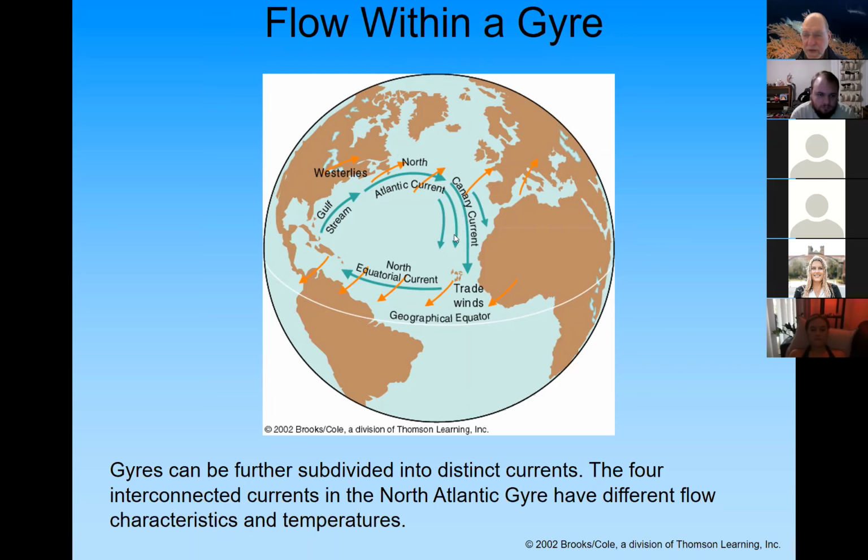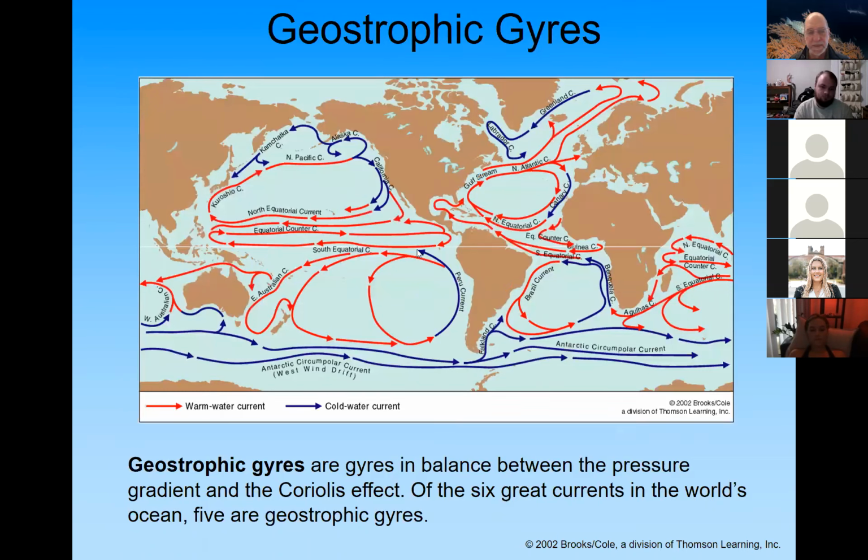And it turns out that all across the globe, because of the way that the Coriolis effect is oriented, this western intensification occurs in all the ocean basins. So here are the geostrophic gyres within the world ocean.